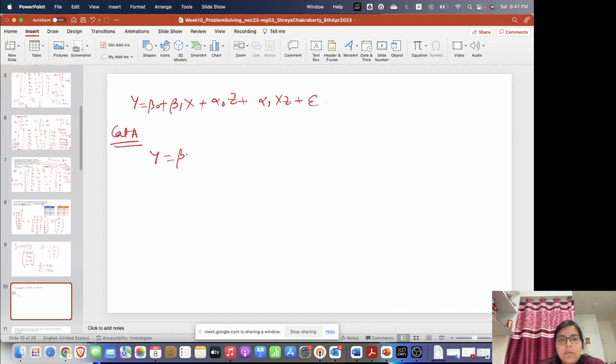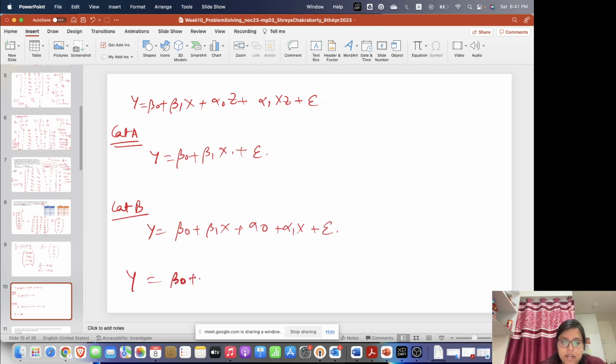So our regression would be beta naught plus beta 1x. For category B, the z's would be 1. So our regression would be beta naught plus beta 1x plus alpha naught plus alpha 1x plus epsilon. So we can write it as plus beta 1 plus alpha 1, something like this.